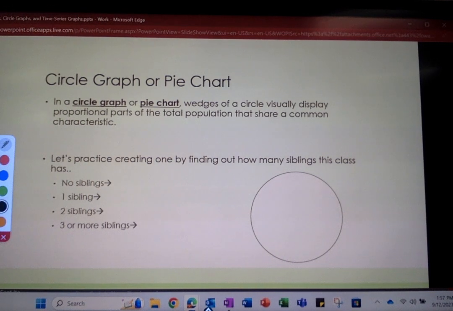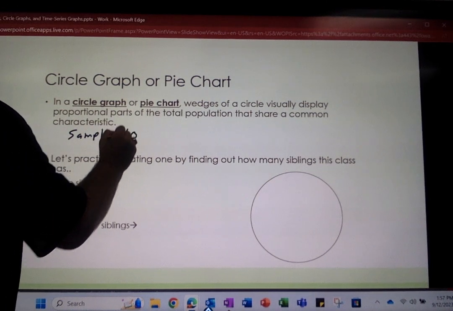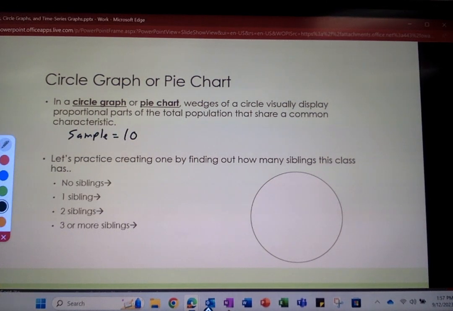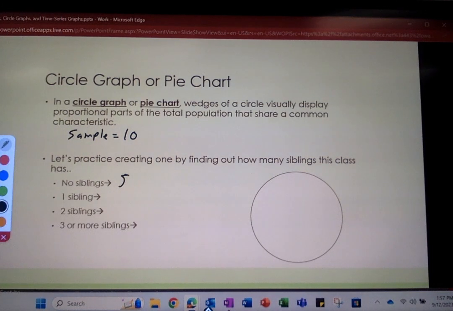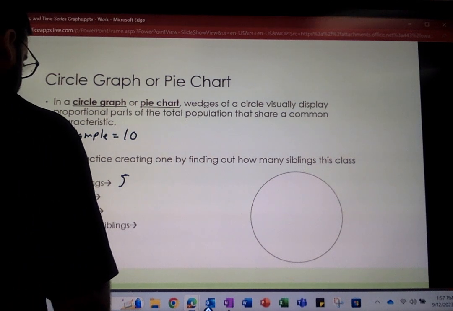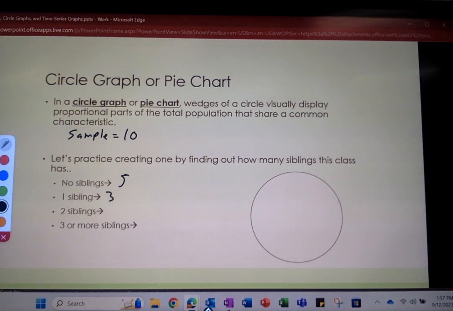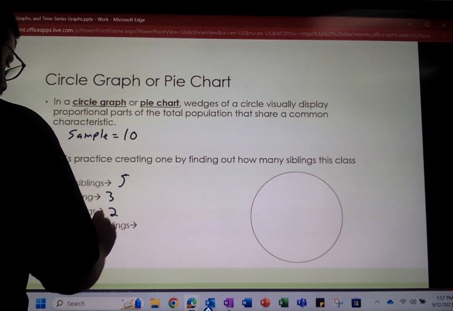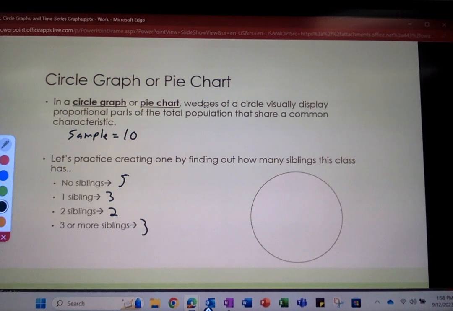Let's say my sample size is 10 people. Let's say out of those 10 people, 5 of them have no siblings. 3 of them have 1 sibling.